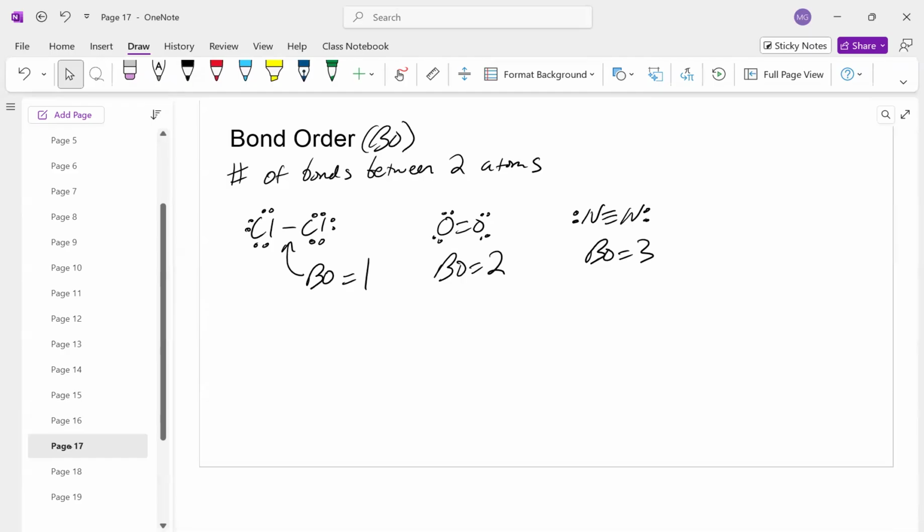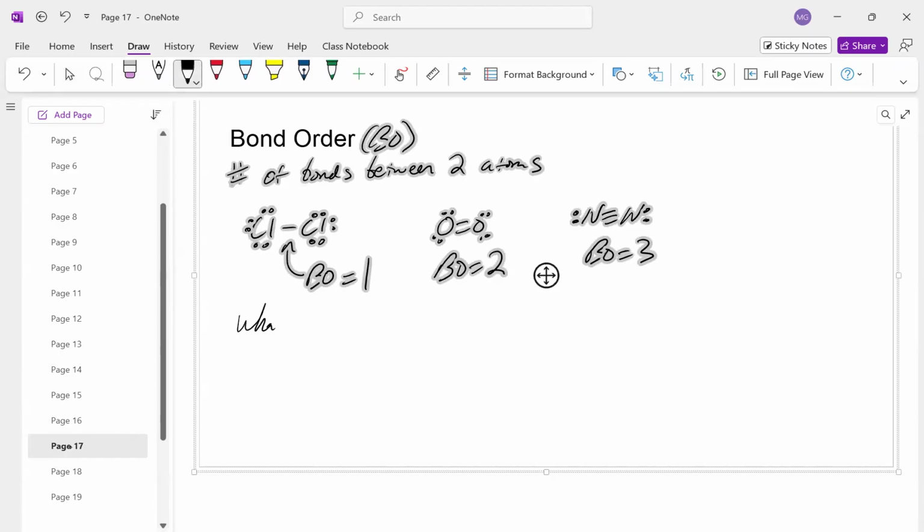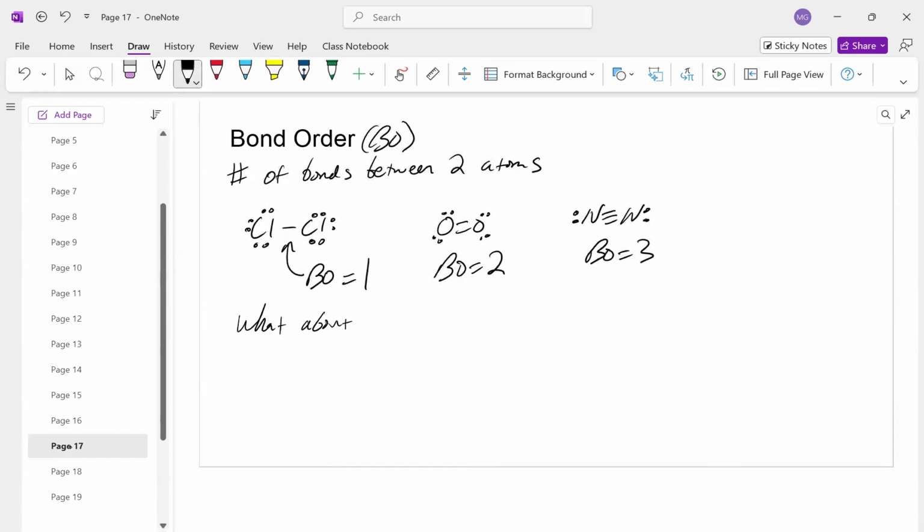So let's go back now to nitrite. I'm just going to quickly draw those resonance forms. And again, the difference is which oxygen is double bonded and which is single bonded.